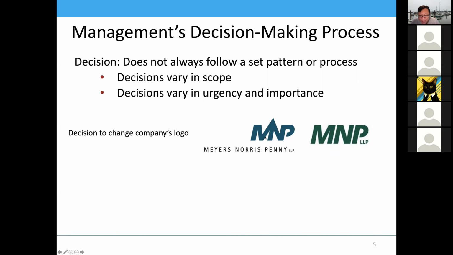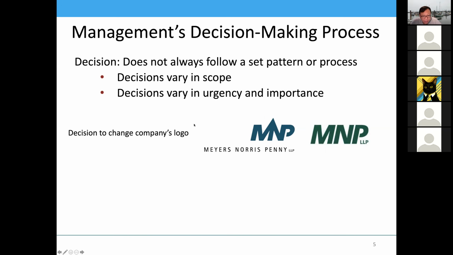They wrote the M and N together and made it very pointy, very sharp. Anyways, this is their previous logo. Around 2010 or 2020, they wanted to change the logo to make it current. That would be a decision that is going to impact everything, because this is the logo.